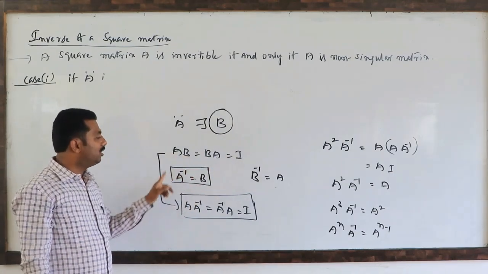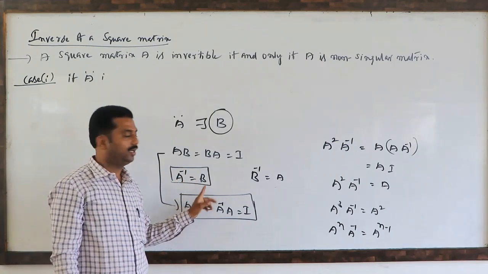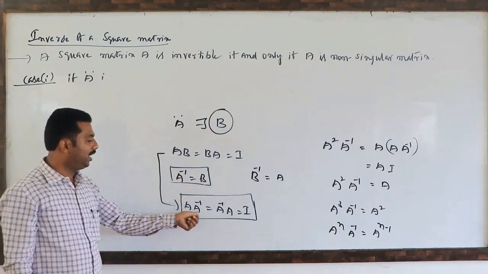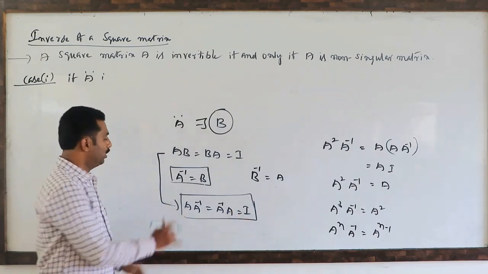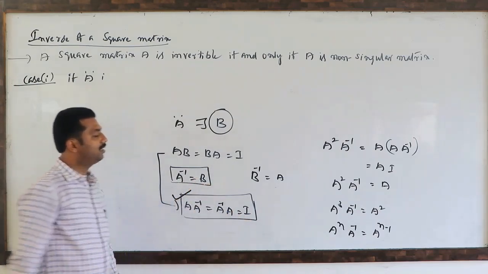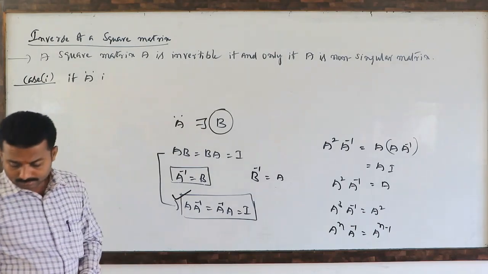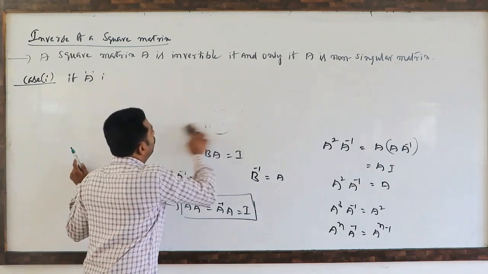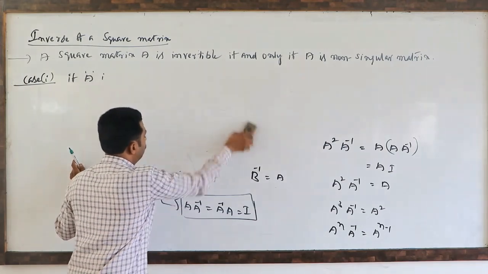So B is called inverse of A and it is denoted by A inverse equal to B. Suppose B is A inverse, if I substitute here, A inverse A equal to identity matrix. So this is the most important result you have to remember. Okay. So this is the inverse of a square matrix concept. Now one important theorem is there. You observe that theorem.